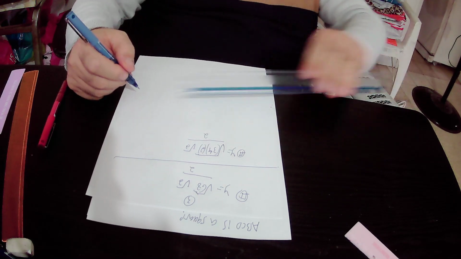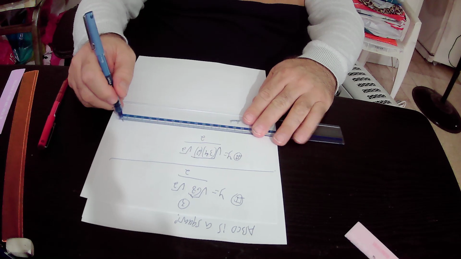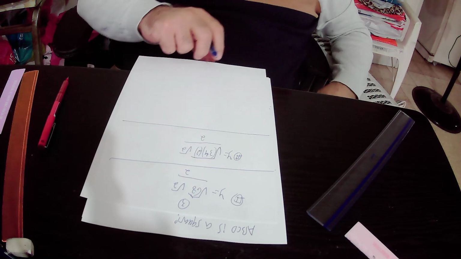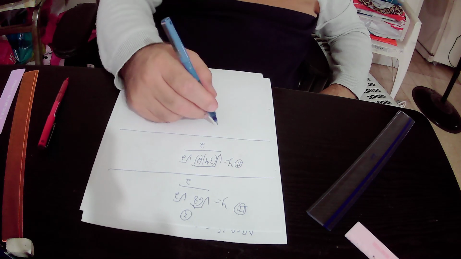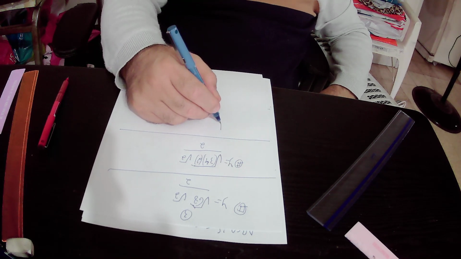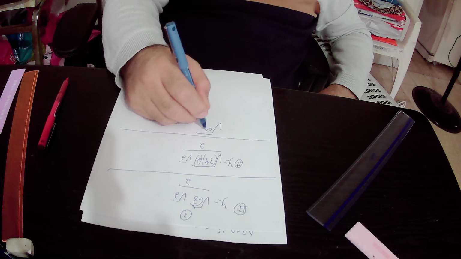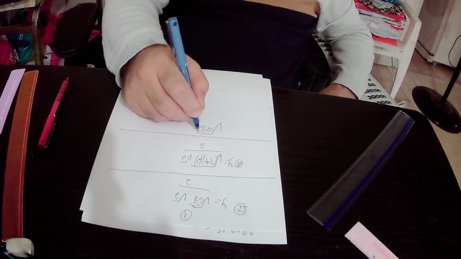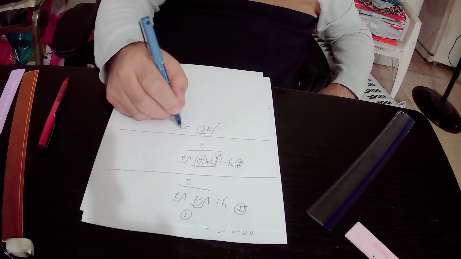Okay? Now we have a rule that states that the square root of a times b equals the square root of a times square root of b.